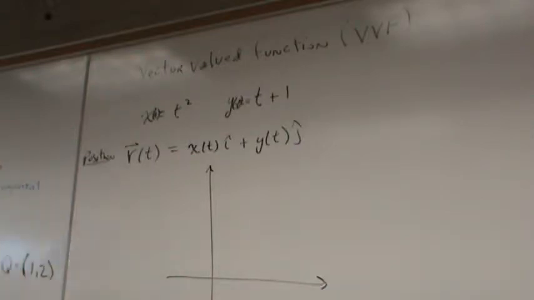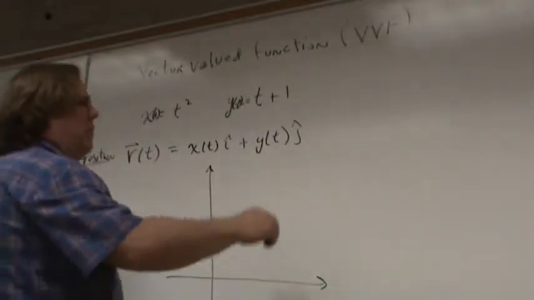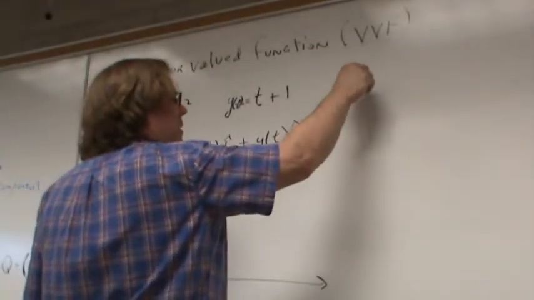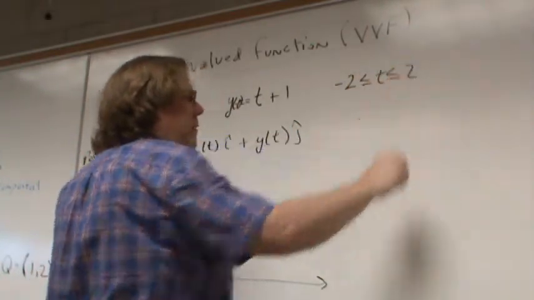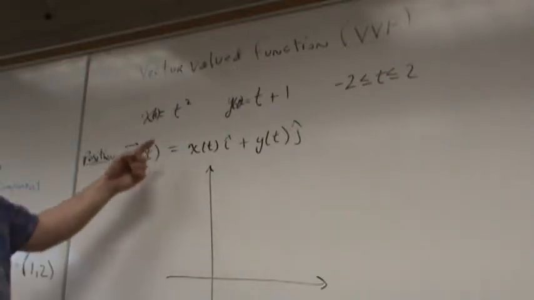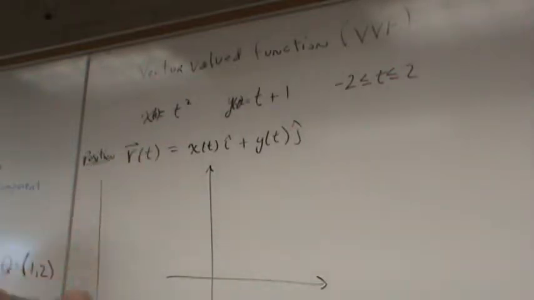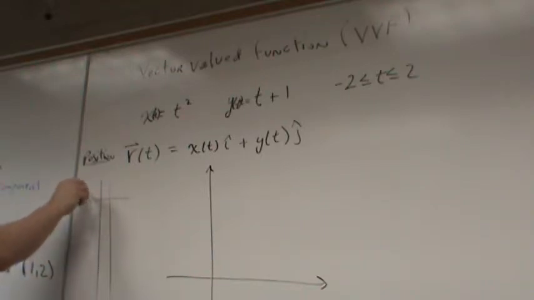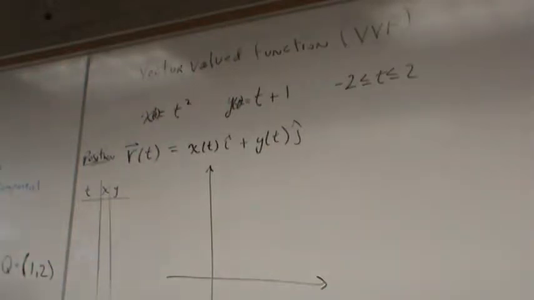So for example, let's say t goes from, I don't know, -2 to +2. Alrighty? Then when t is -2, I can still treat this like a parametric with the 3-column table of values.